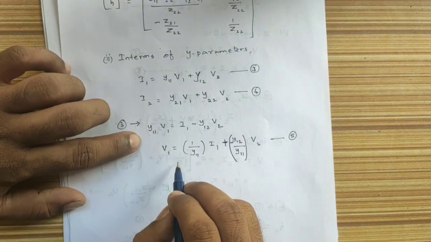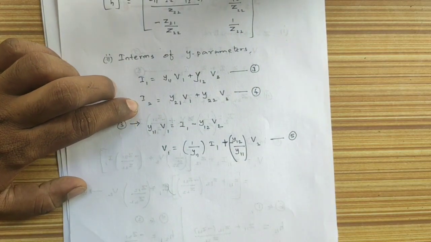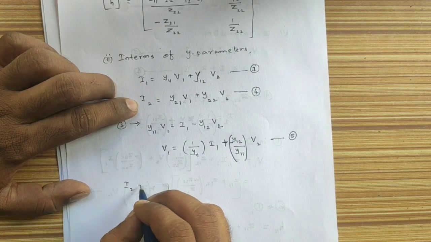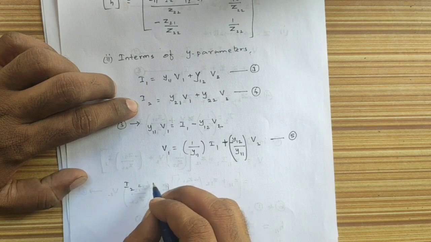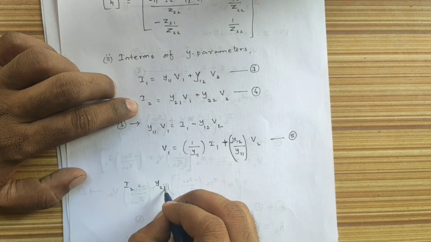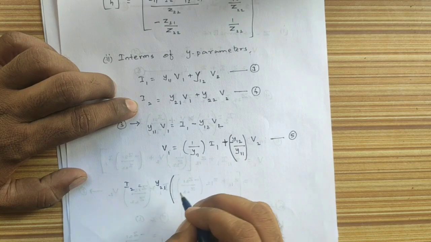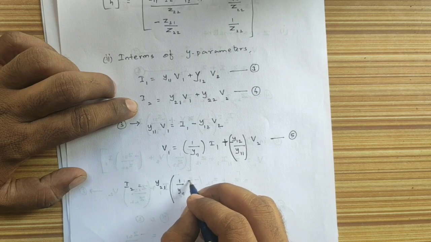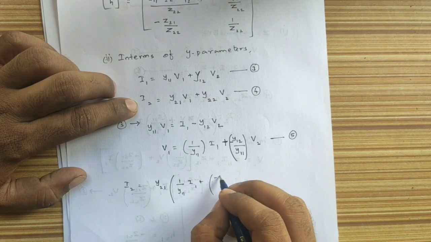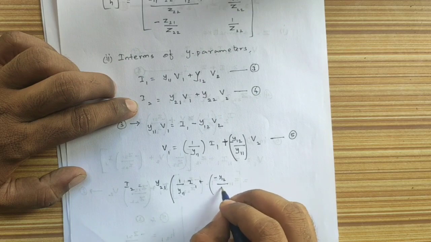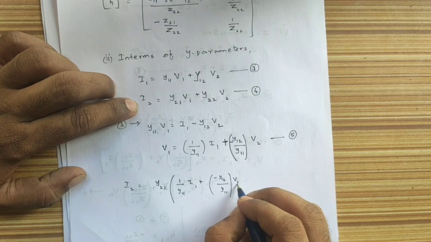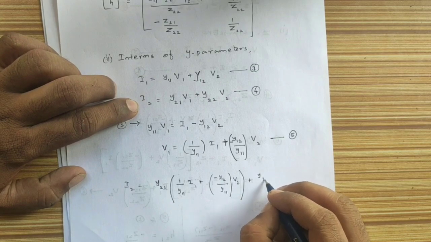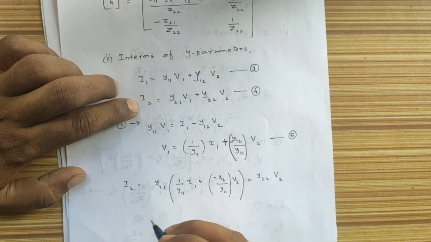I can substitute this value in equation number 4, and equation number 4 now it is nothing but I2 equal to Y21 into 1 by Y11 I1 plus minus Y12 divided by Y11 into V2 plus Y22 V2.